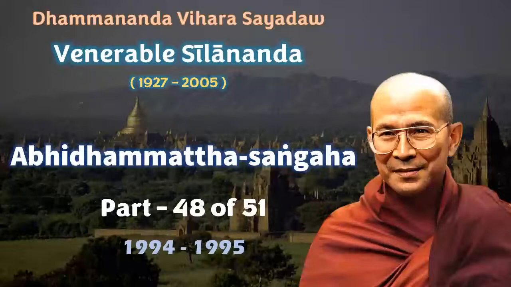Because you are still with avijja, you are overpowered by avijja, and so you don't see danger in akusala, and so you do akusala. So your akusala is supported by avijja by way of decisive support.